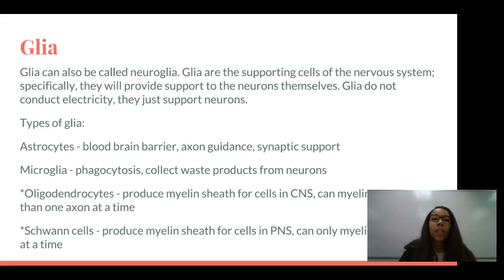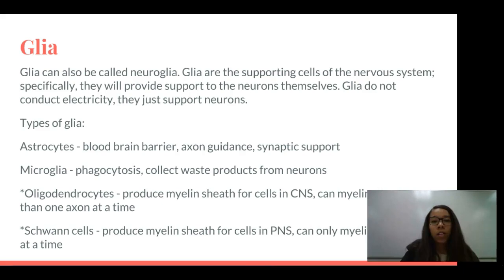And then we talked about the different types of glia, and that glia are just the supporters of the neurons. All they do is provide nutrients if needed, clean up waste if needed, and produce myelin sheath. There are other types of glia that are not listed here, but these are the four main ones that your professors will go over. They don't conduct electricity, so please don't confuse a glia cell with a neuron.